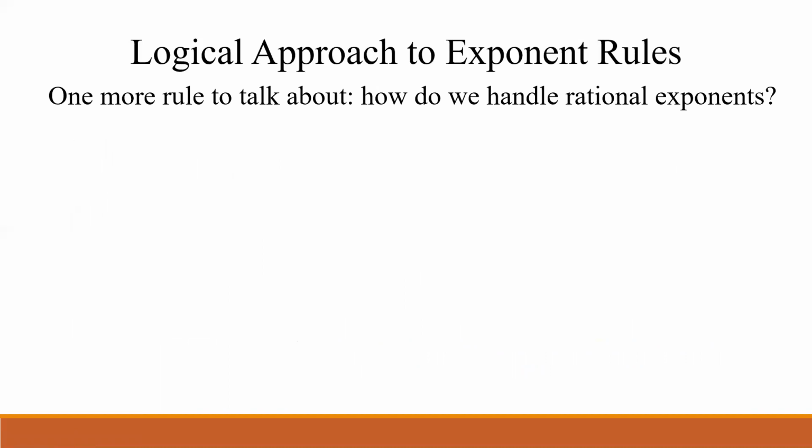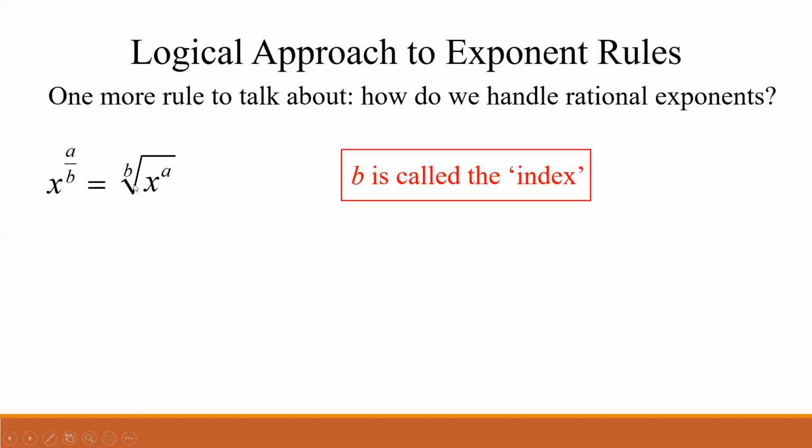So what happens if you see an exponent that's a fraction? Okay. So there's no real rational way, if you pardon the pun, there's no kind of common sense way to do this. So I'm going to show you what it is. We're going to write this as a radical, okay, where the denominator of your fraction becomes what's called the index.